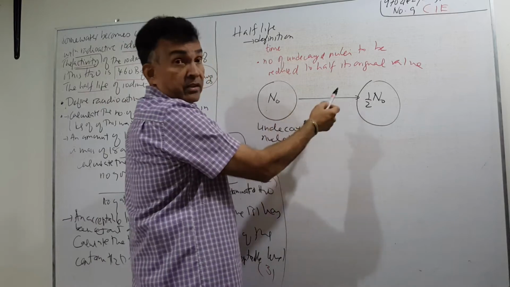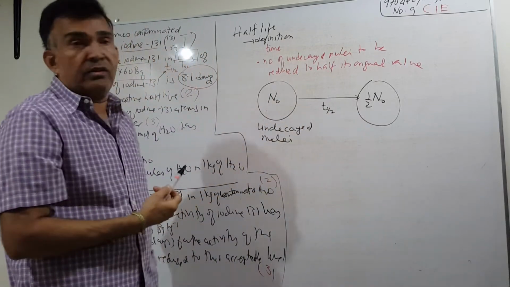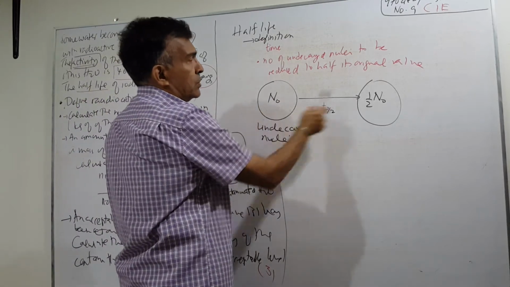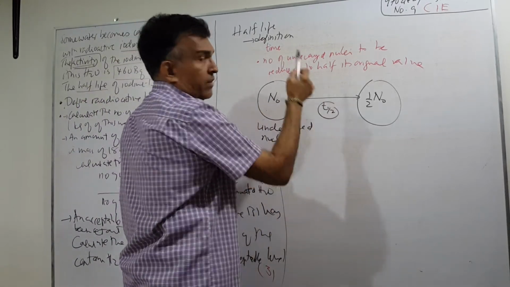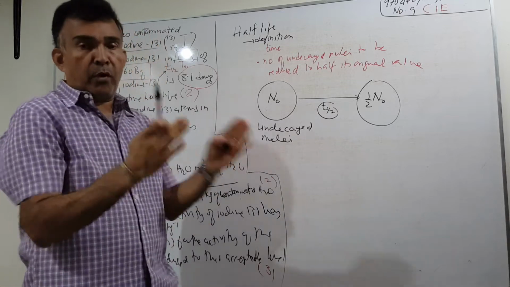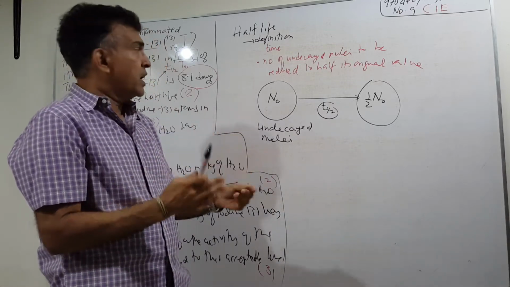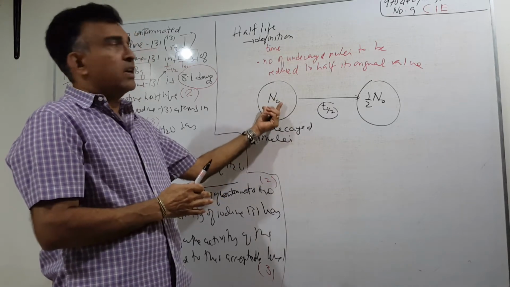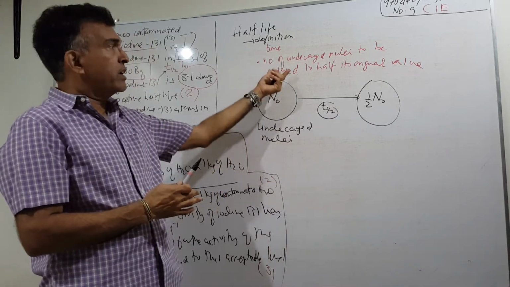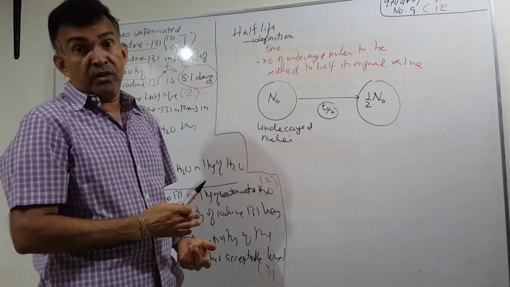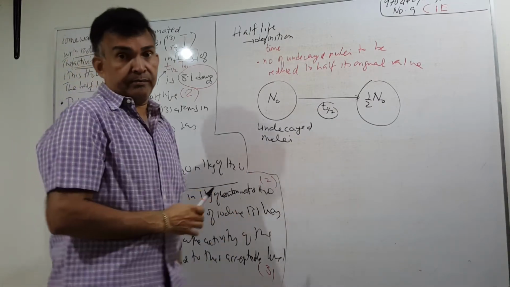Because radioactivity is a random process, the time it takes to get from here to here is called your half-life. Write out a proper coherent definition; you'll find it in standard textbooks. I like to use this: the time taken for the number of undecayed nuclei to be reduced to half its original value. And we're done with that part.